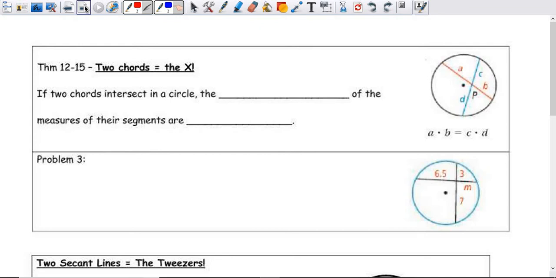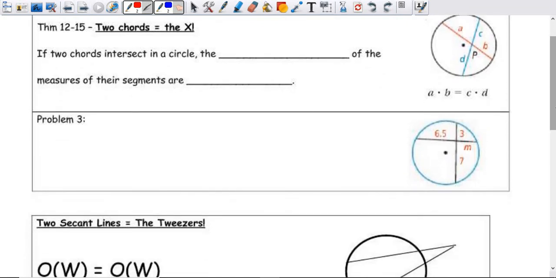So for the next one, if two chords intersect in a circle, the product, which means we're gonna multiply, of the measures of their segments are equal, or congruent, of course, for geometry. So what that means is we're gonna take this small piece and multiply it by this small piece, and then take this small piece and multiply it by this small piece, and then set them equal to each other.